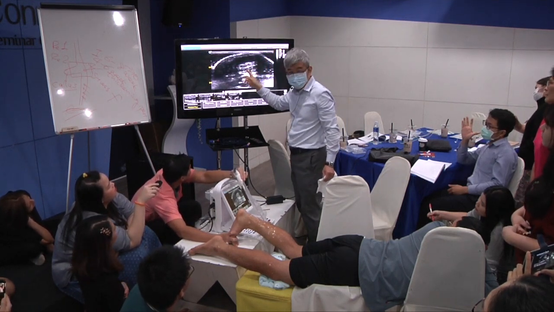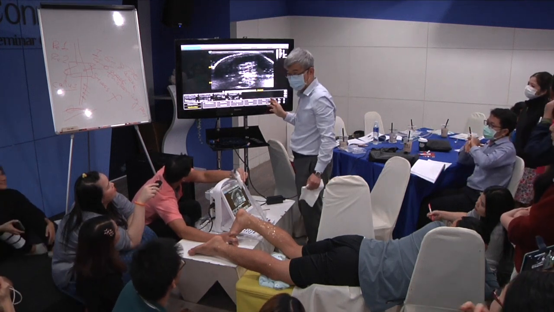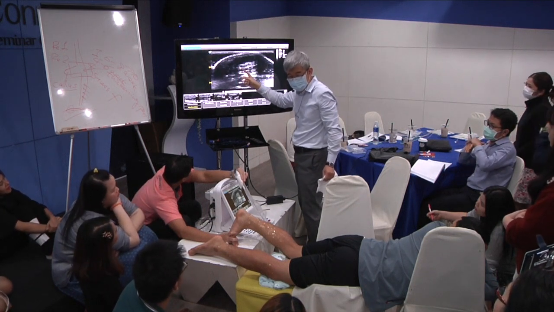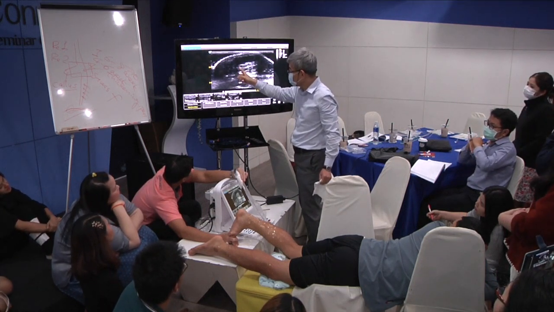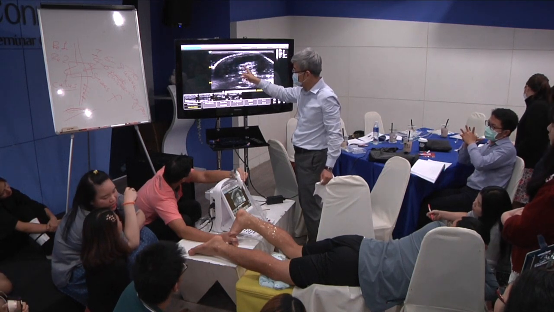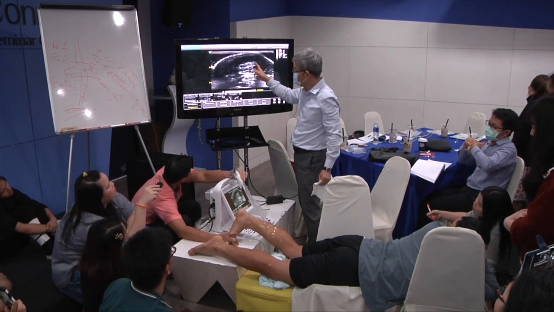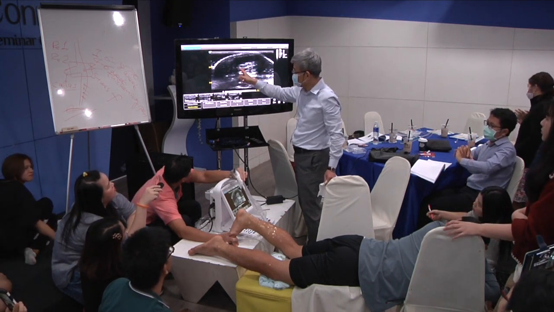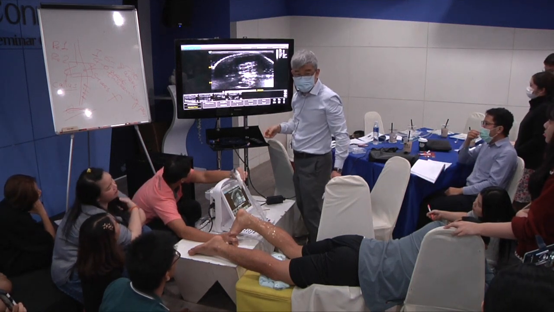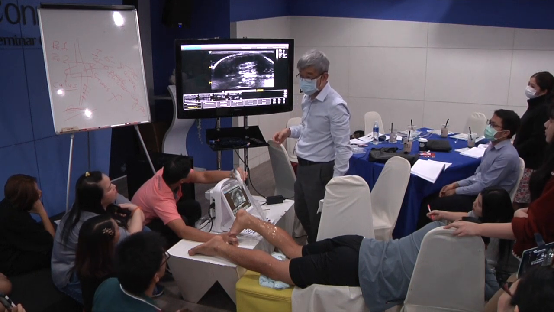The report was slightly away from my expectations because they include the plantaris. Actually, this is the plantaris, ovary shape. So this is the Achilles tendon. Yeah, this is plantaris. Plantaris is stronger than Achilles.